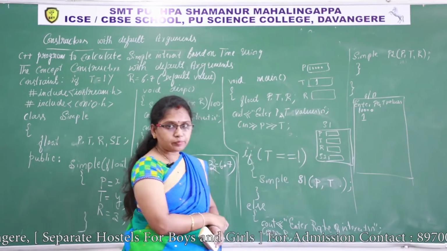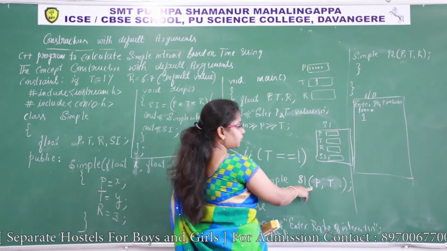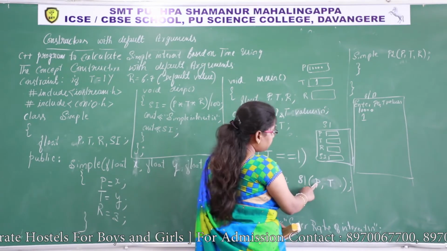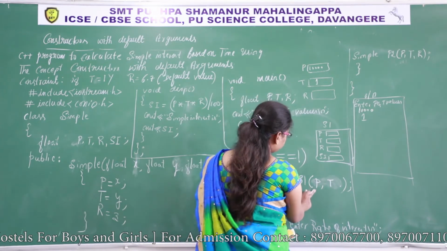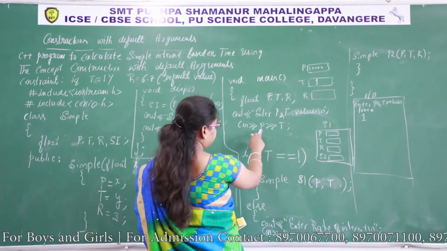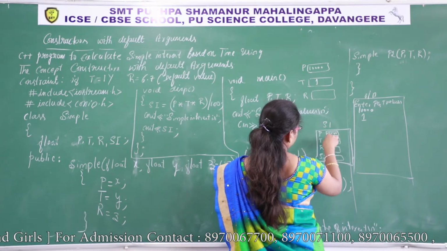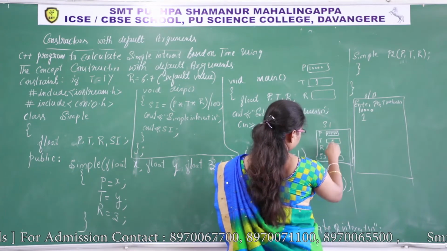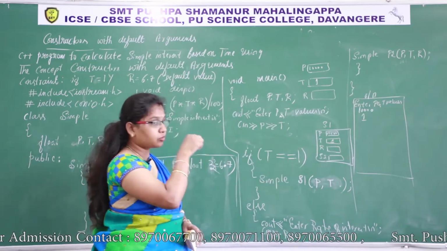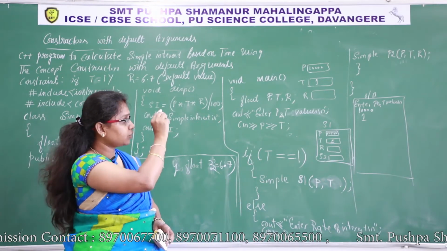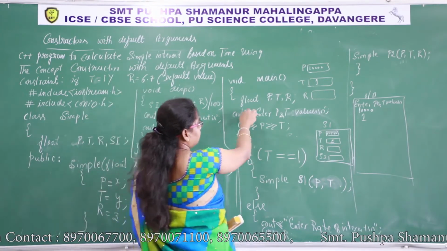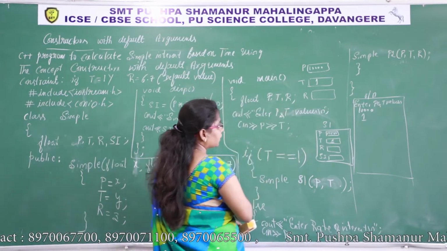Okay, to this object we are passing arguments from here. P value, what is the value of P? What I have taken? 10,000. 10,000 is stored here. T value is 1. So to pass values for the S1 object, I have taken argument variables here.